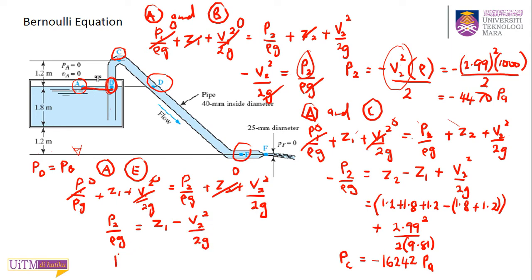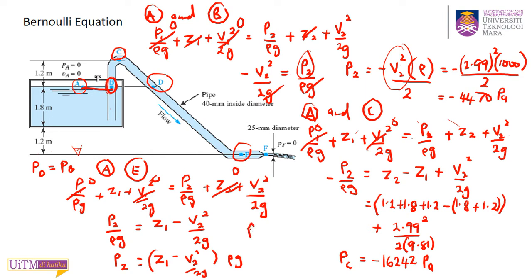So your P2 will be Z1, so Z at A, minus V2 squared over 2G, times rho G. So this is your P at E. So what is the value of P at E?